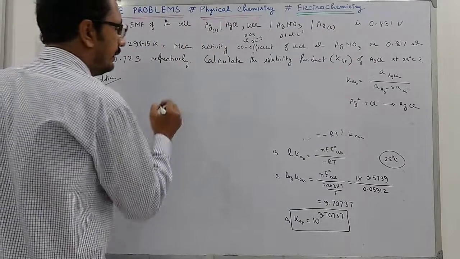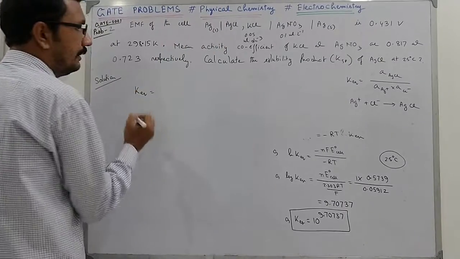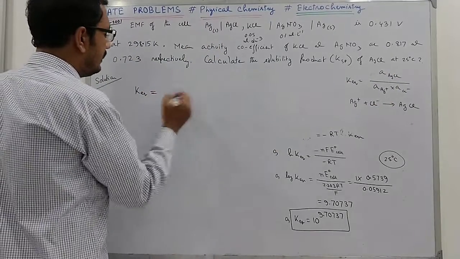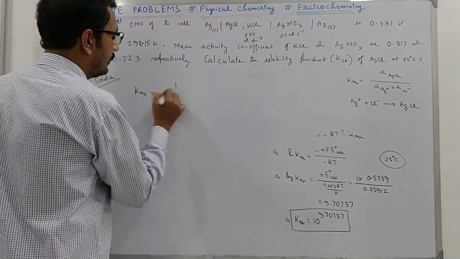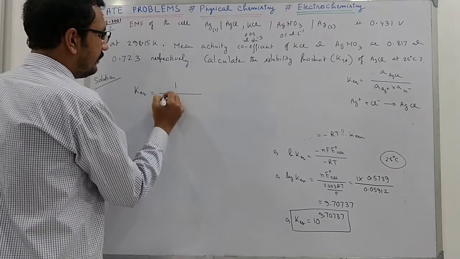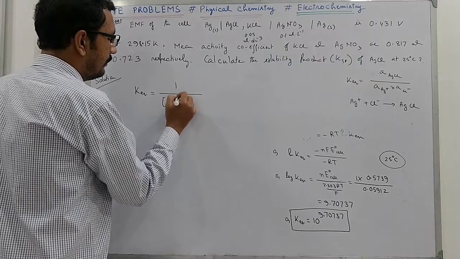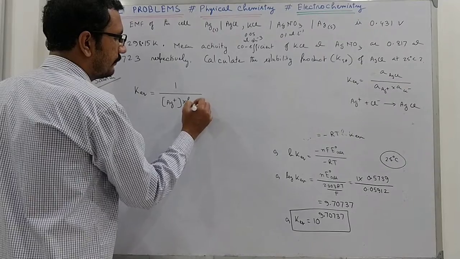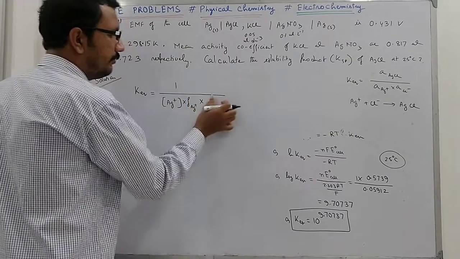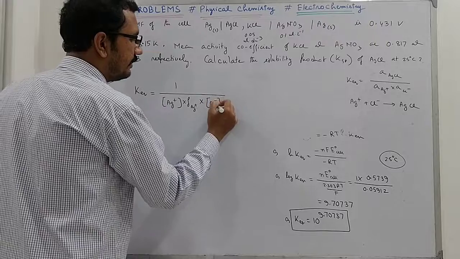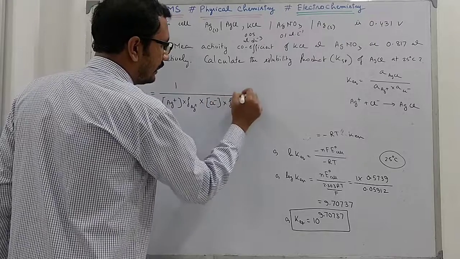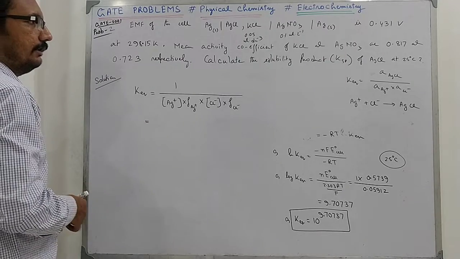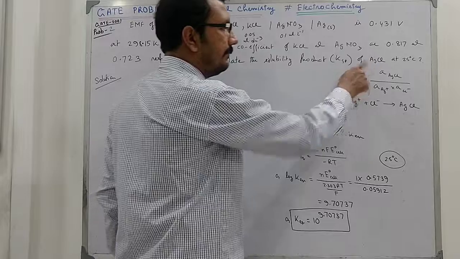Now see, this K equilibrium is actually this expression. The activity of solid AgCl is 1, and the activity of Ag plus is the concentration of Ag plus multiplied by its activity coefficient, and the concentration of Cl minus multiplied by the activity coefficient of Cl minus. Now the solubility of AgCl is very low.